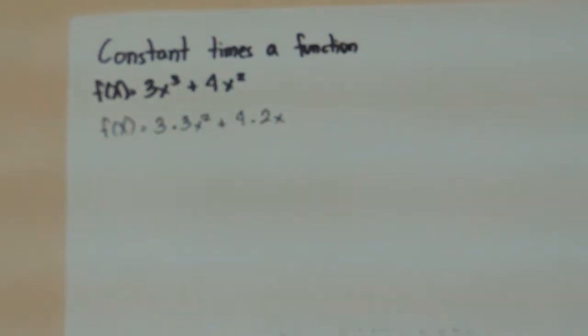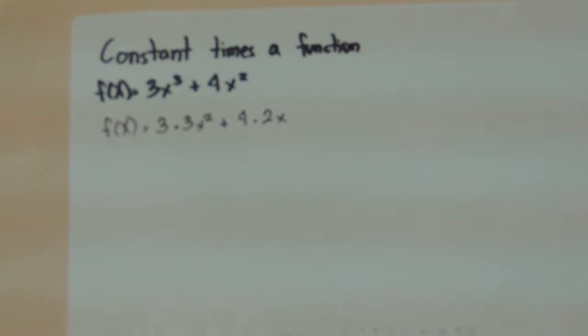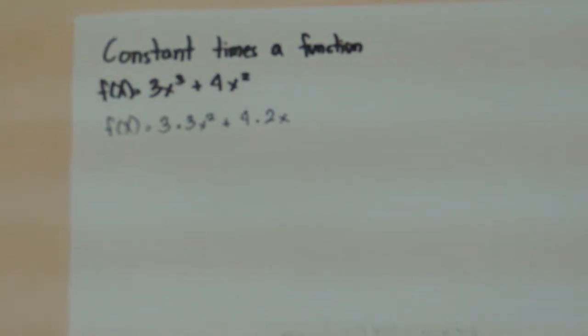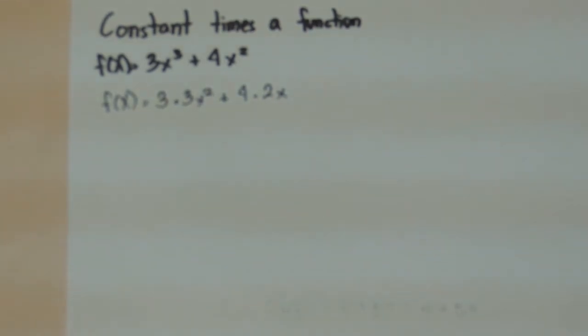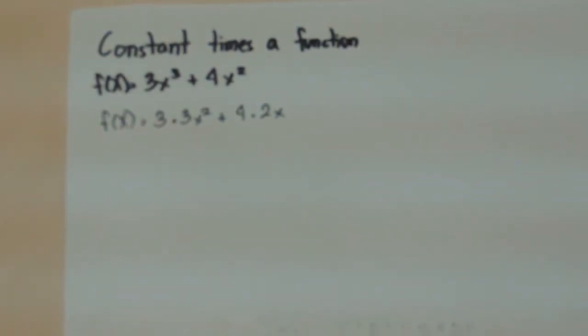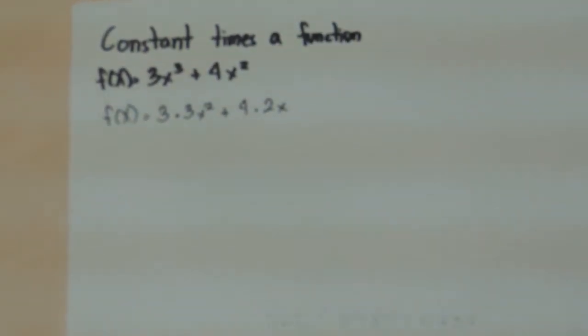The 3 became 2 because the formula for the exponent is n minus 1. So we subtract 1 from 3, and 3 minus 1 is equal to 2. So here's our first step for taking the derivative of this function.